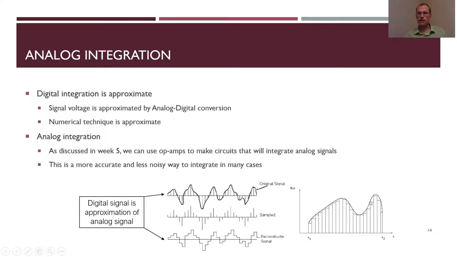And so those are sample points of my curve, and integration being the area under the curve, these digital sample points give a pretty good approximation to the actual analog integration, just like you've seen in calculus class. And we saw a few weeks ago, we can use op amps to make circuits that integrate these analog signals. And that's going to be a more accurate way to do it rather than in the digital ways.